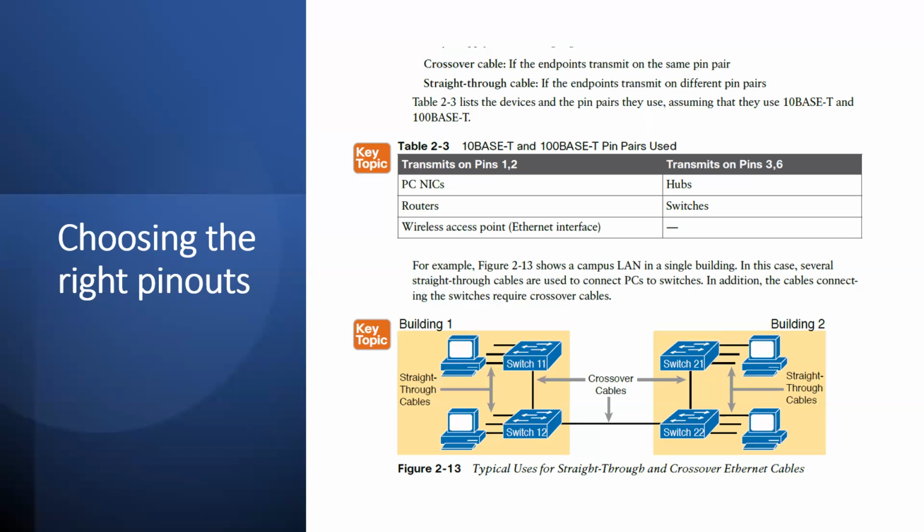And the example I'll use is, if you ever watch DC or Marvel, we'll use DC because that's my favorite. Batman is a superhero in DC, and Superman is a superhero in DC. If they were switches, they would communicate with each other using crossover.